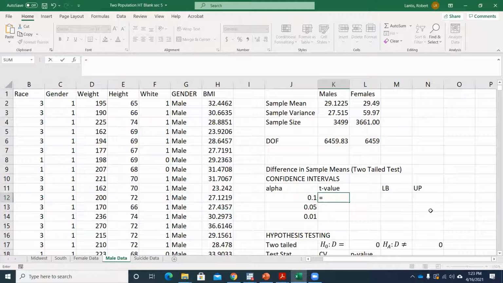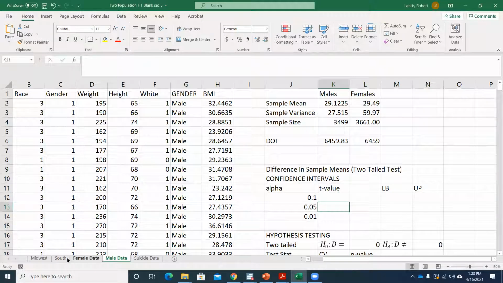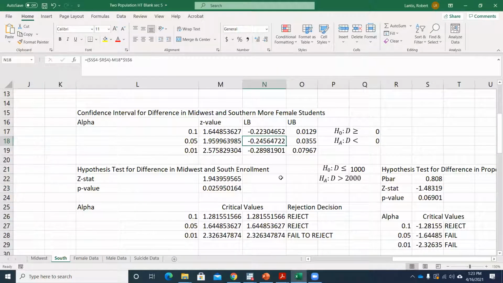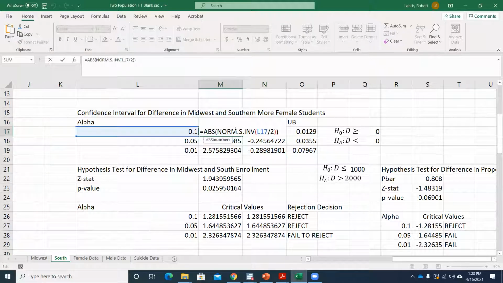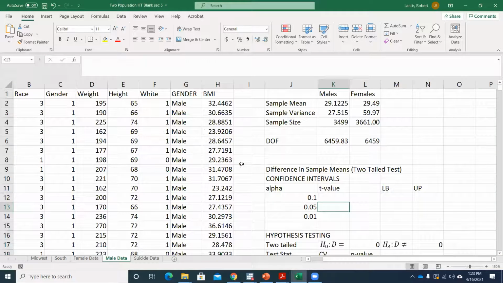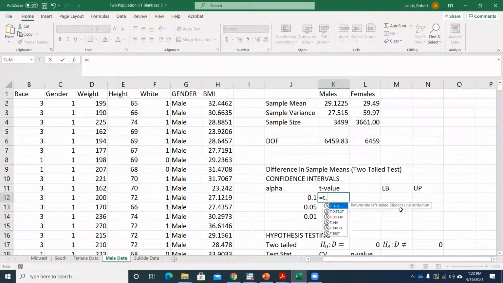To look up that t-value, what we did before when we were looking at the difference in means with known population variances or the difference in proportions, we were looking up z-values using NORM.S.INV. Well, it's going to be the exact same thing. It's just now we're using T.INV, a student t distribution. What area do we want in the tail? Alpha over 2, comma, what's my degrees of freedom?